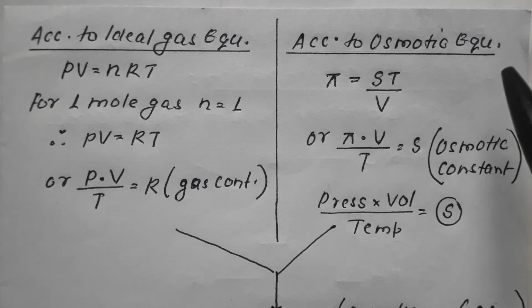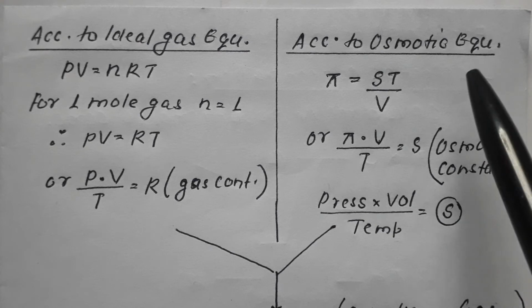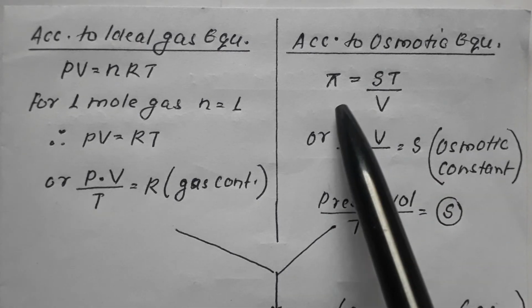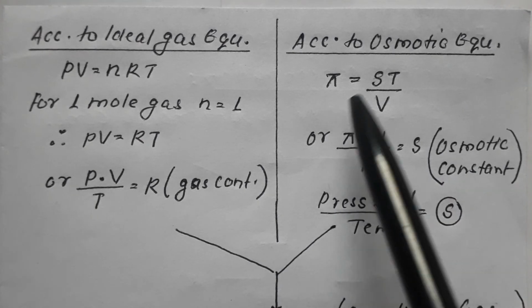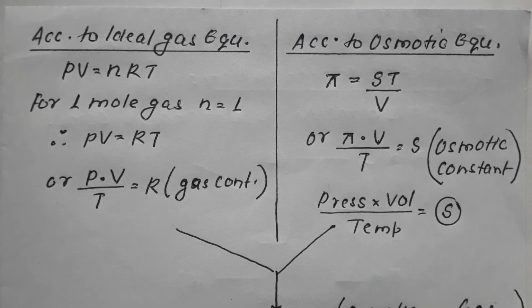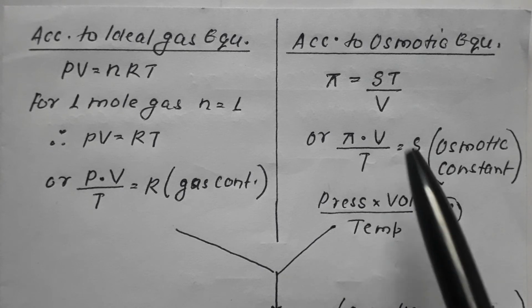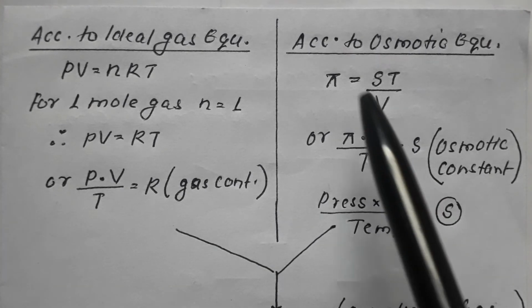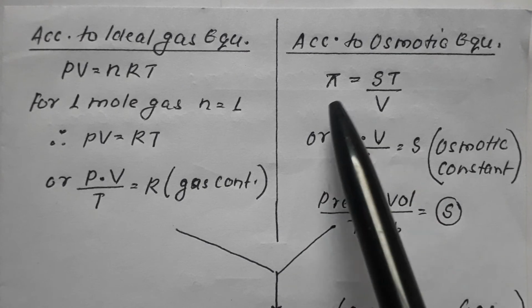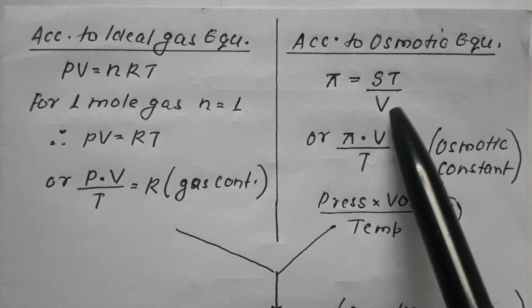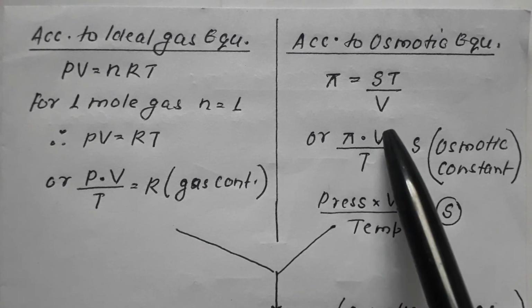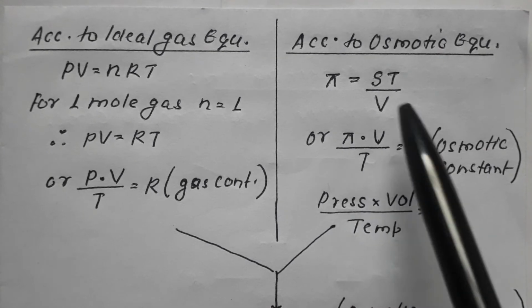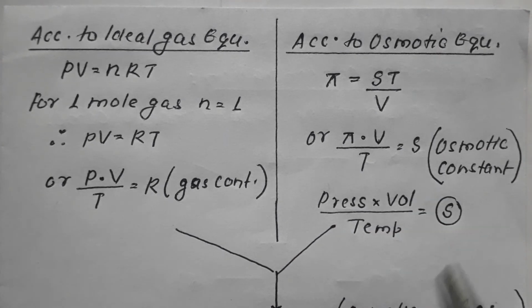Similarly, according to the osmotic equation, pi is equal to S into T by V. If we shift V to the numerator and T to the other side, it becomes pi into V upon T is equal to S. What is S?